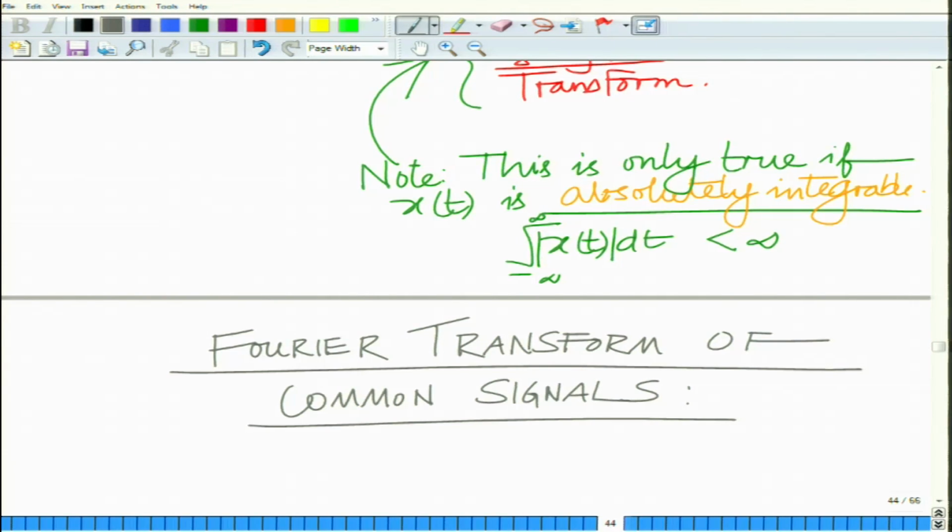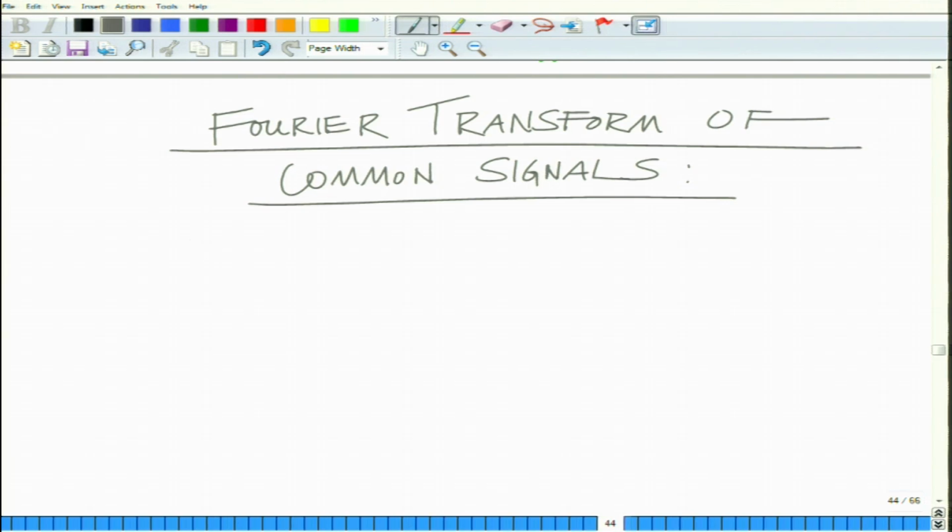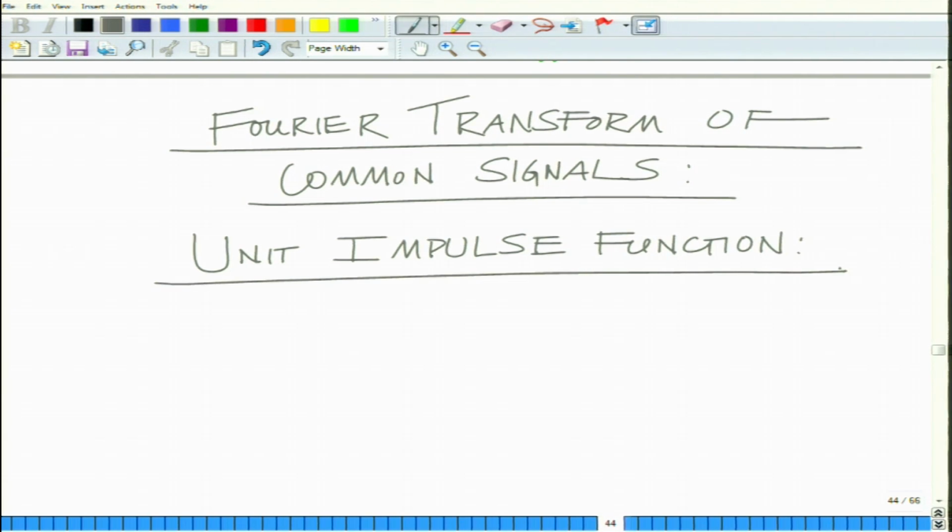Now, the Fourier transform of some common signals, and one of the most prominent signals is the unit impulse function, which is the Dirac delta function, that is delta(t), and we know that the Laplace transform of the Dirac delta is unity.